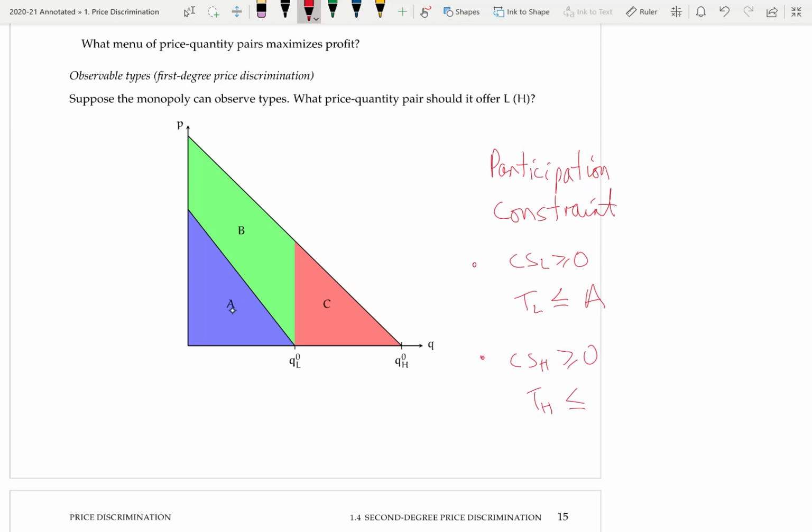It's A plus B plus C, the area under the demand curve up to this quantity. And again, the monopolist will choose TH so that consumer H is just indifferent, so that this is actually equal to A plus B plus C. So at the optimum, both of the participation constraints hold with equality. The consumer surplus of both consumers is zero.